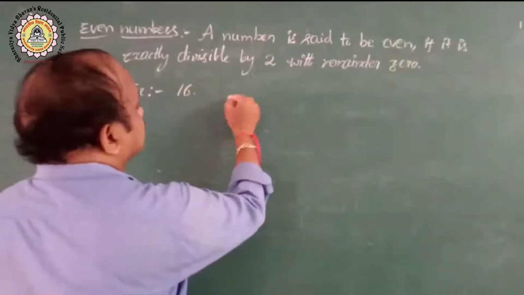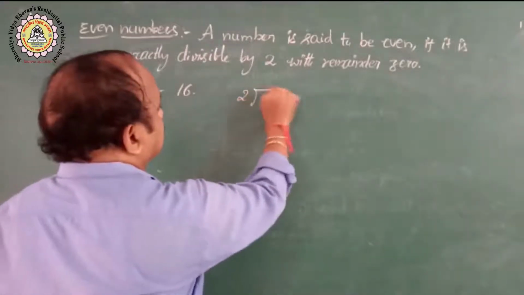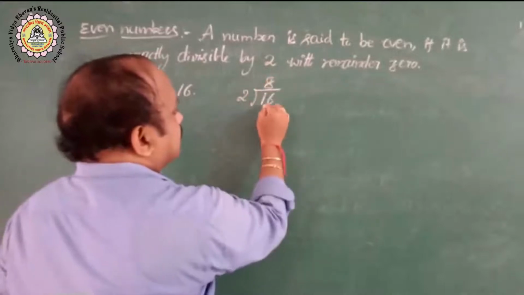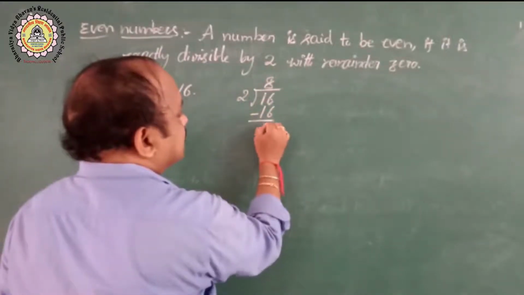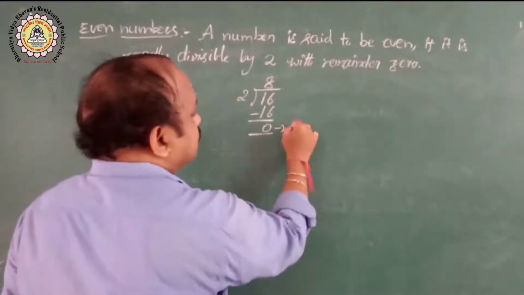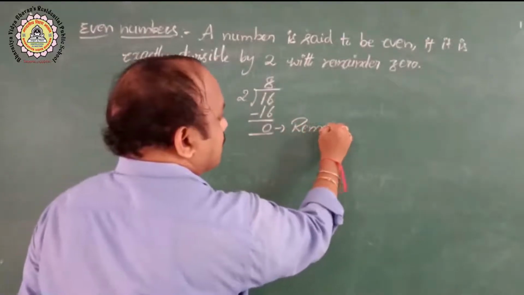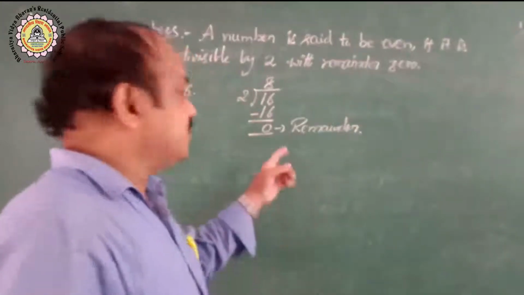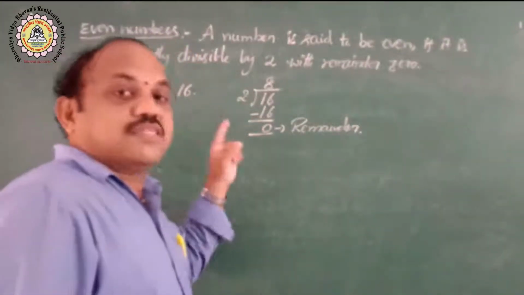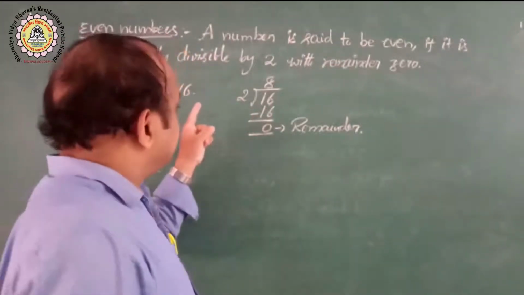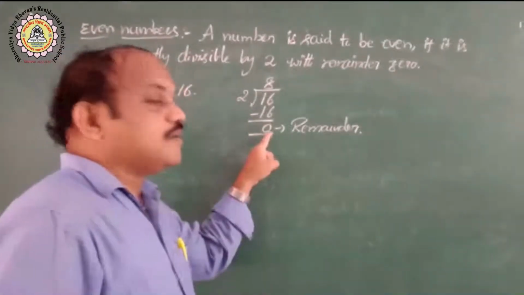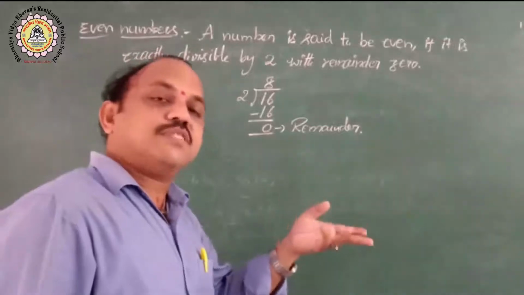What we will get? Just observe. 2 divide 16. 2 how many times 16? 2 8s are 16. So 16 minus 16 is 0. Here 0 is the remainder. Our number 16 is exactly divisible by 2 with the remainder 0. Exactly divisible means what?